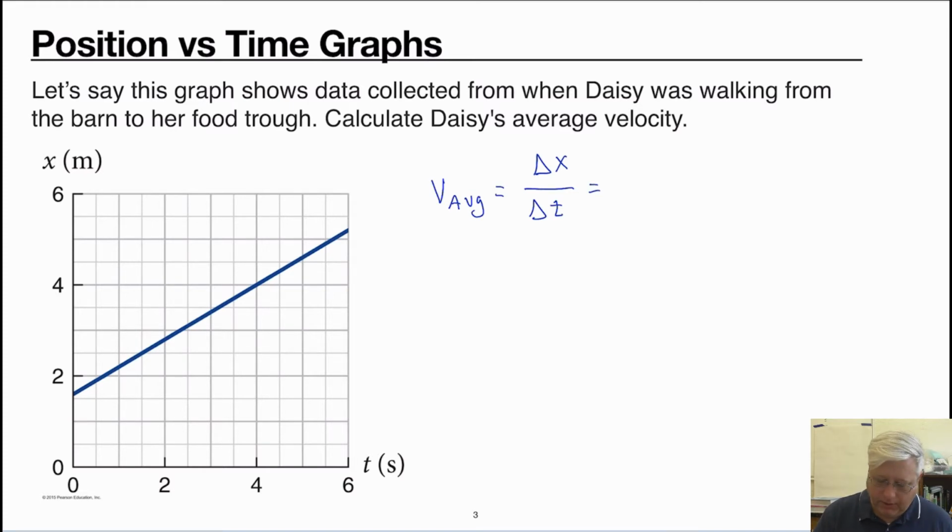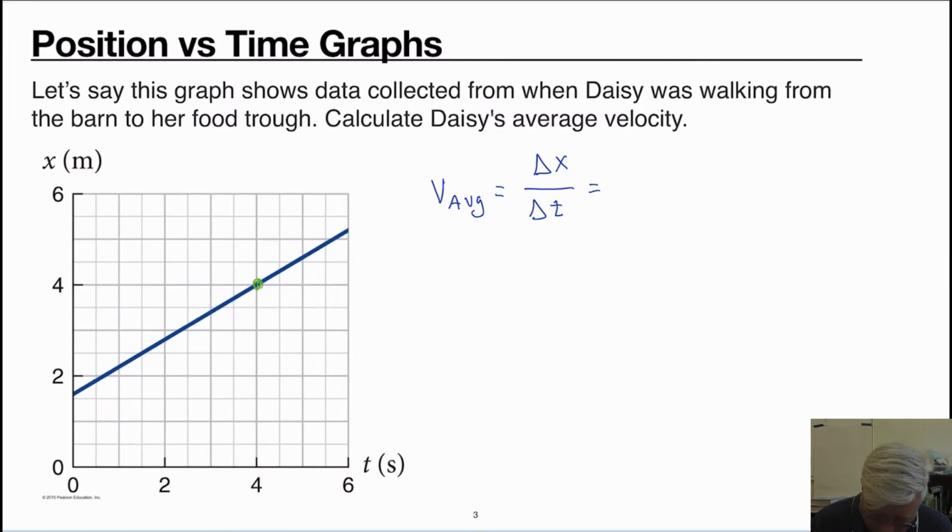Here we could really just pick any 2 points that we want because we see that it's a nice straight line. That means it's a constant velocity. So the slope of that line is going to be the same as the average velocity. I'm just going to pick a couple points that seem to be easy spots to read.